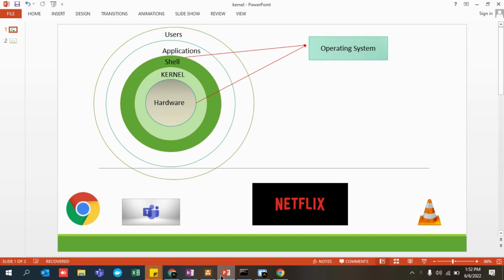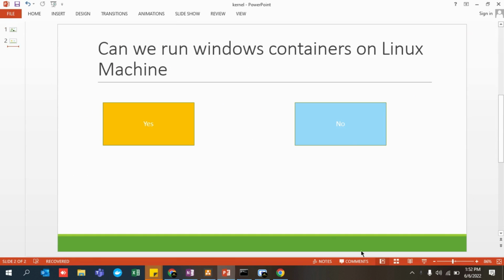Because something happened. We were taking an interview for a particular DevOps guy who had around 7 to 8 years of experience, and we just asked one simple query: can we run Windows containers directly on a Linux machine? But the answer that we got from that guy was not what we expected at that level of experience.